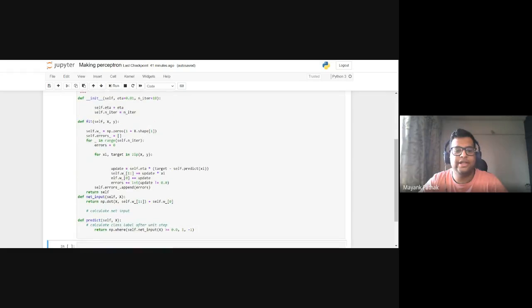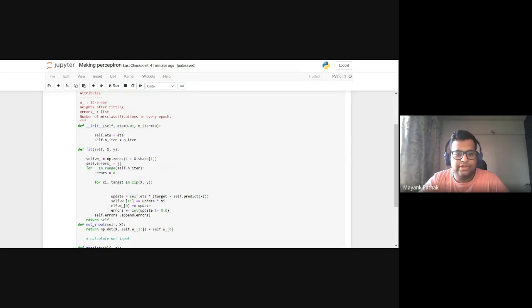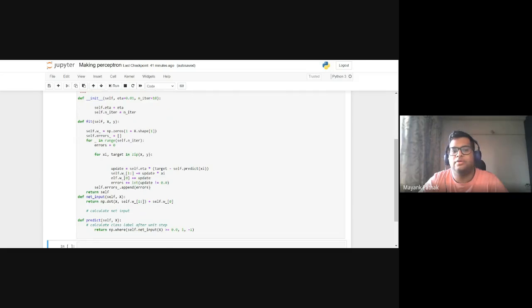So we have defined a function with self and eta. We have defined it using that, and obviously n_iter, to which we have passed the value 10, and we have made sure that the objects are created. That is the initializing method.